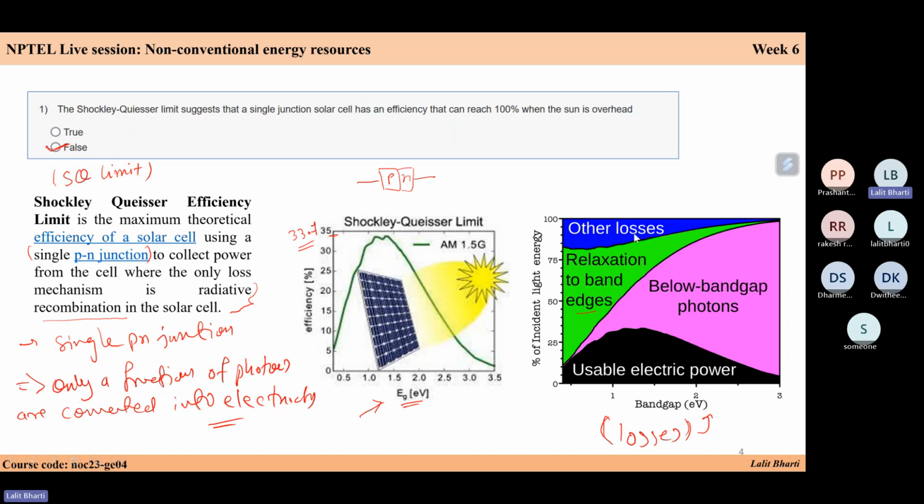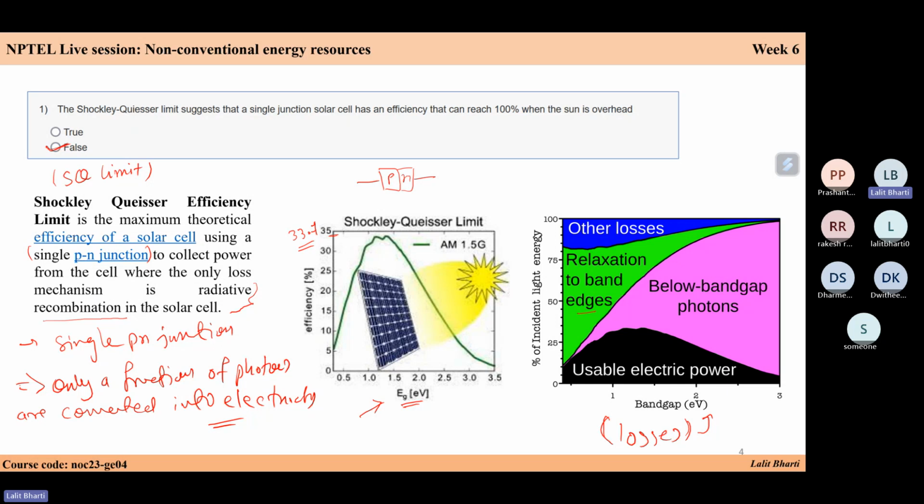The blue and green areas show the relaxation of band edges as well as below band gap photons, because below band gap photons will not be absorbed by the system, along with a few other losses. So only this much part is usable. It is highest at around 1.45 electron volts, and the highest value is 33.7%.